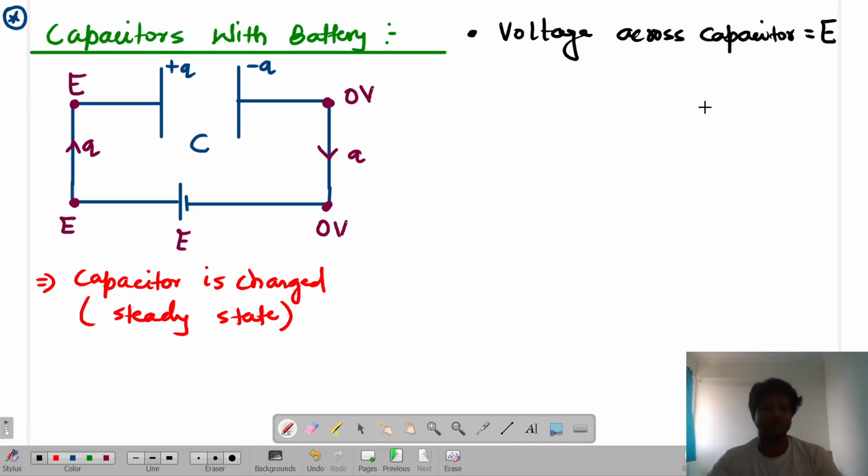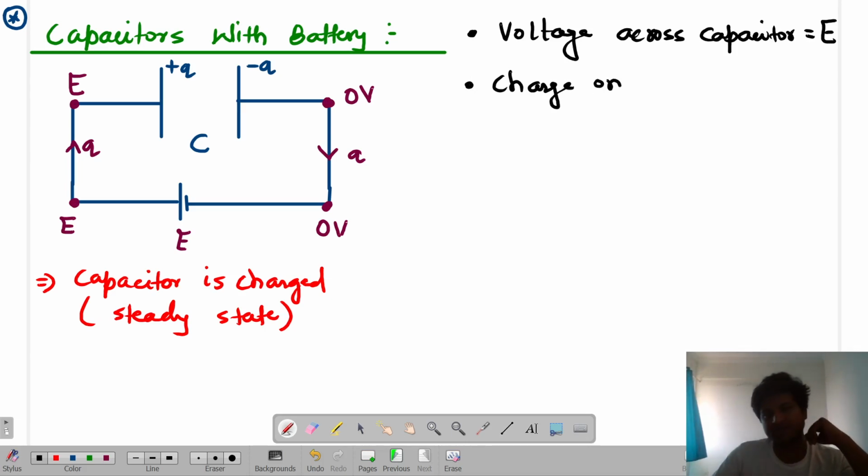E. Basically the voltage across the capacitor will become E. Is that clear? Second thing, the charge on the capacitor in terms of the battery will become Q, which will be exactly equal to CE. Are you able to get me or not?